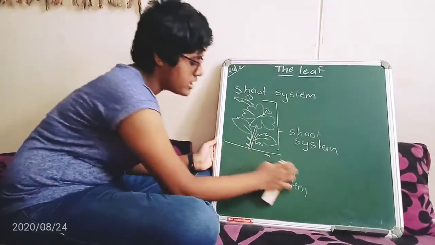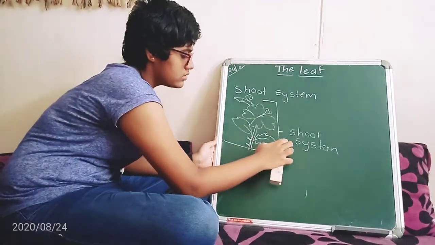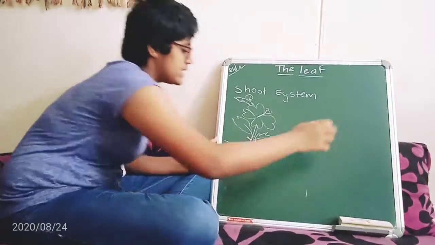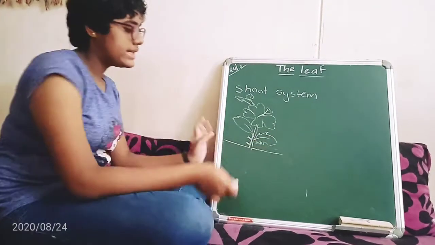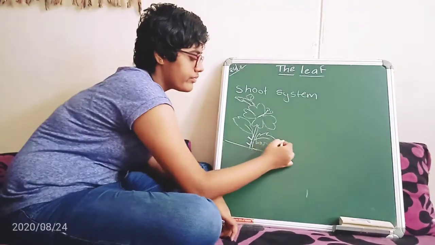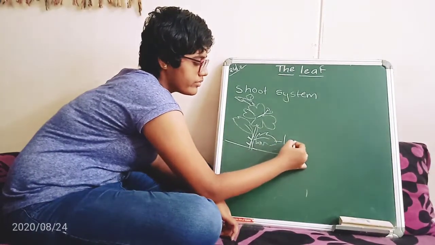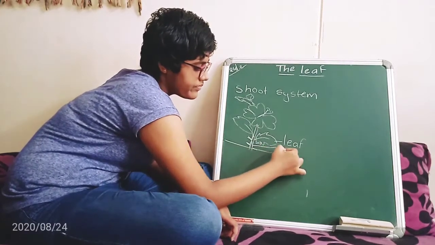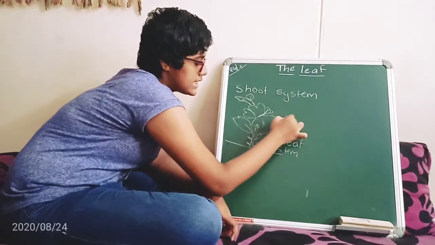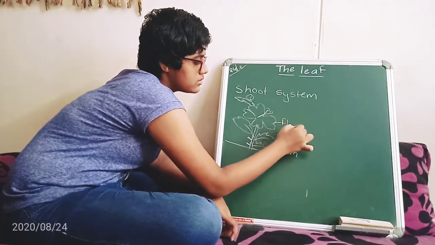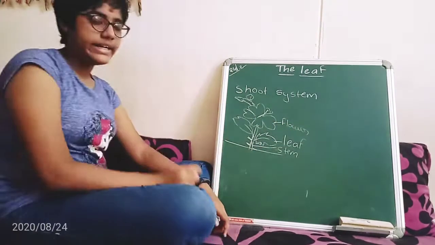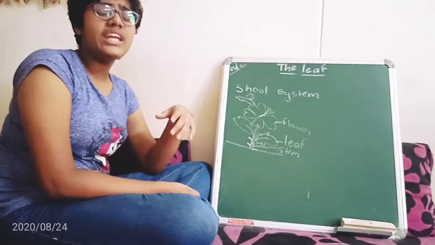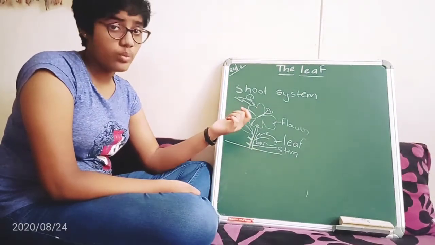Now I am going to rub this root. Okay. This is the leaf. Yes. This is the stem. This is the flower. This is the bud. Okay, these parts you are learning from your lower classes onwards.